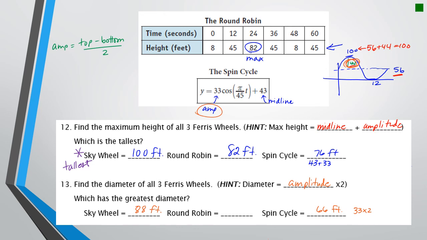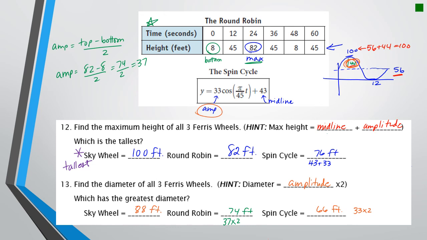Looking at this chart, my top, which is my max, is 82, and my bottom, my lowest value, is 8. So 82 minus 8 over 2 is 74 over 2, or 37. So the amplitude for the round robin is 37. Now if I take my 37 and multiply it by 2, I end up with 74. So that is the diameter.